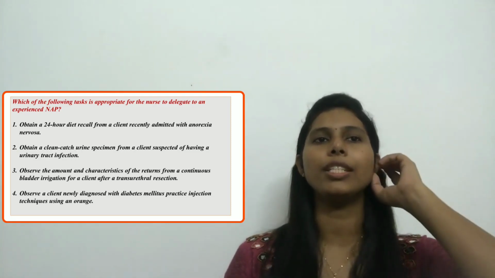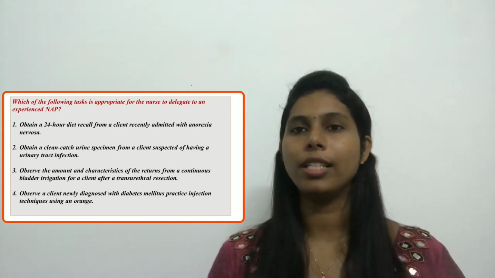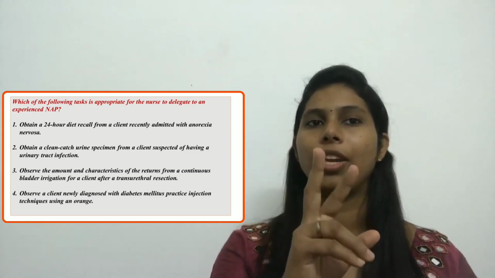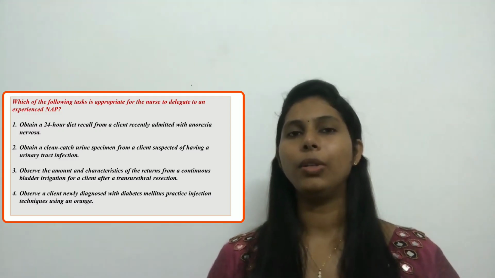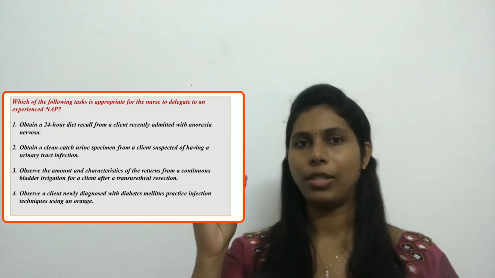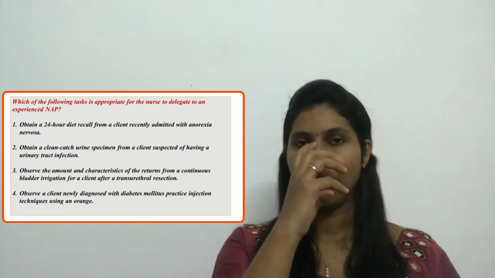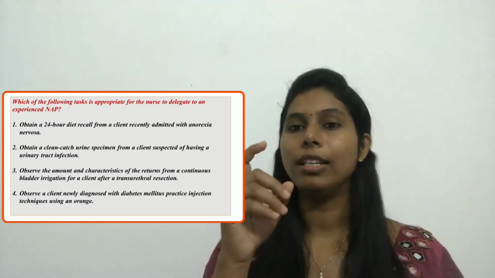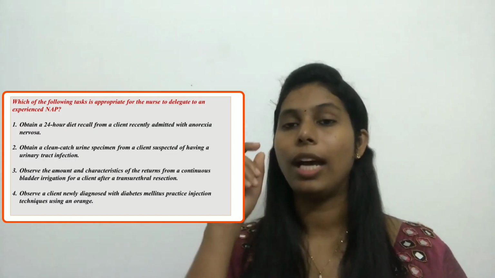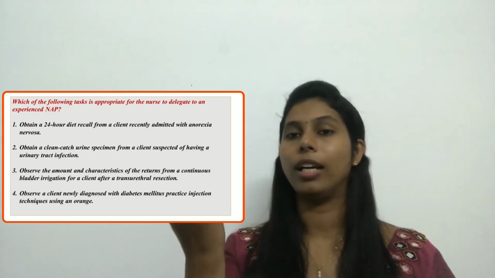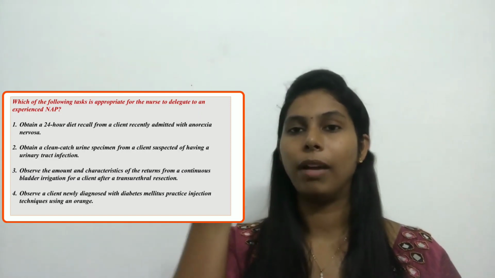The next one is observe the amount and characteristics of the returns from the continuous bladder irrigation for a client after a transurethral resection. You know that patients undergoing transurethral resection usually have a bladder irrigation after the surgery. A nurse should assess the characteristics of how the irrigation is coming, and whether it is bloody.